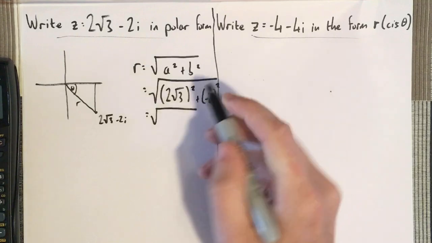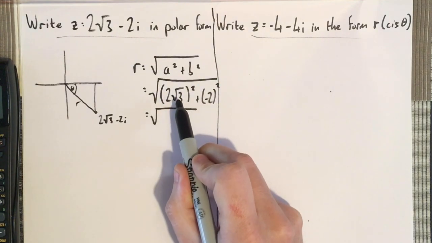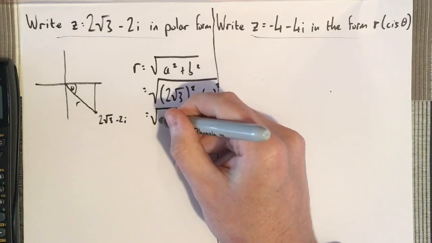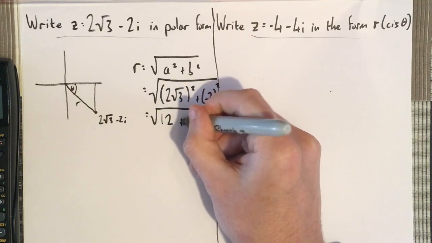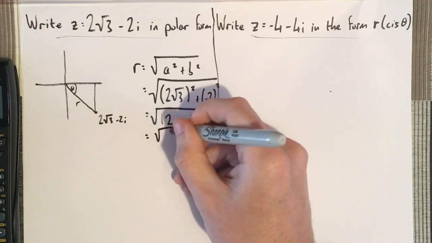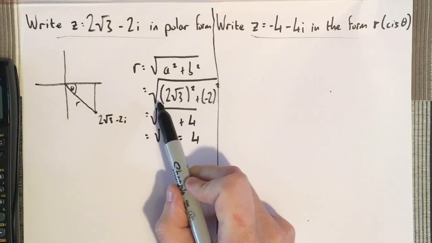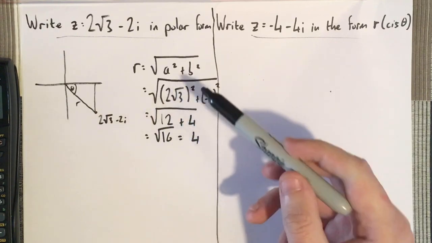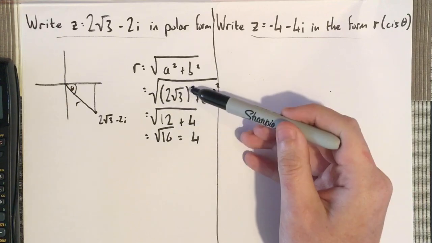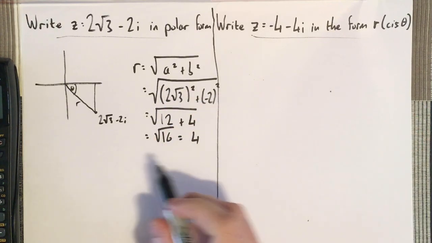So 2 squared is 4, root 3 squared is 3, 4 times 3 is 12, plus minus 2 squared is 4. That's equal to root 16, which is 4. Okay, the squaring out of 2 root 3 there is easy to make a mistake on. Just do it on the calculator, you'll get the 12 straight away. So our modulus is 4.